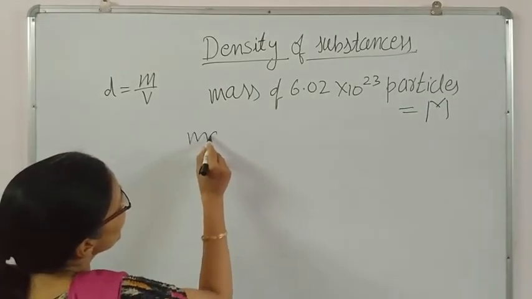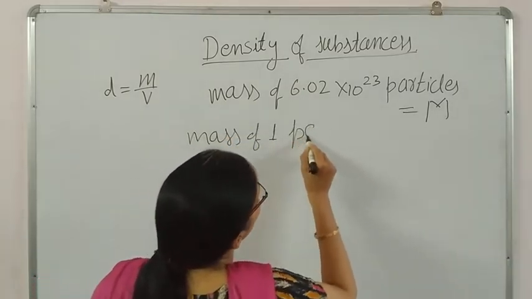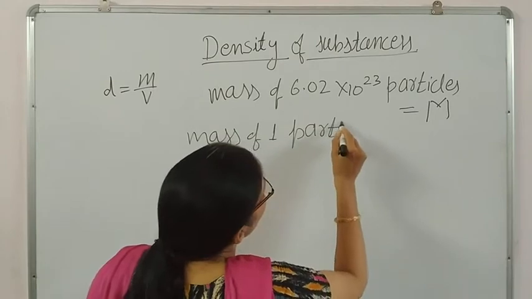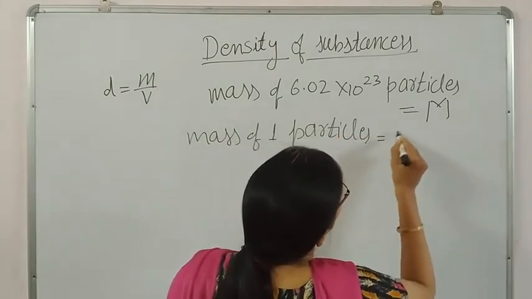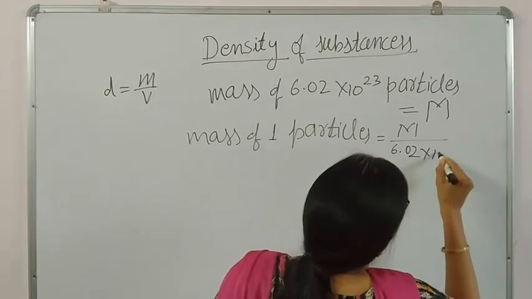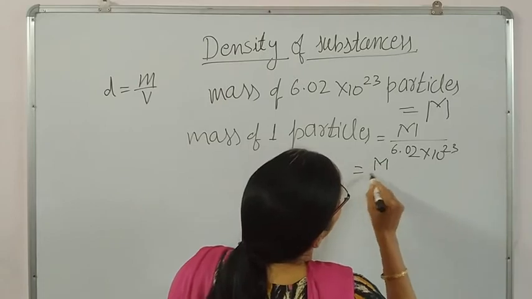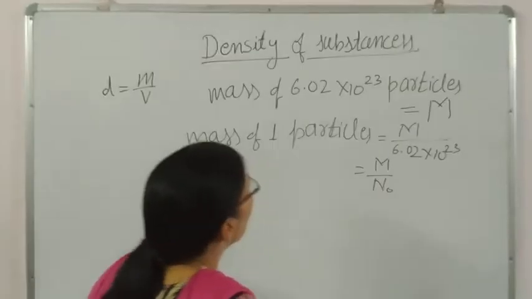So the mass of one particle is equal to M upon 6.02 into 10 raised to power 23. This you can take as M upon N naught.